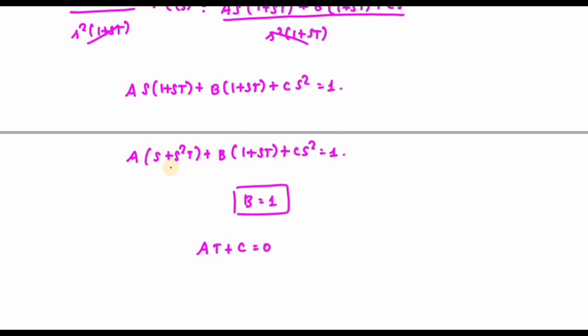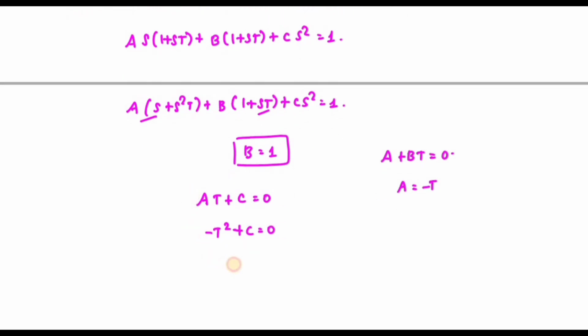Likewise, if I equate the s term, we get A plus BT is equal to 0. B value is 1, so A value is equal to minus T. We substitute it here: minus T square plus C is equal to 0. So C is equal to T square.